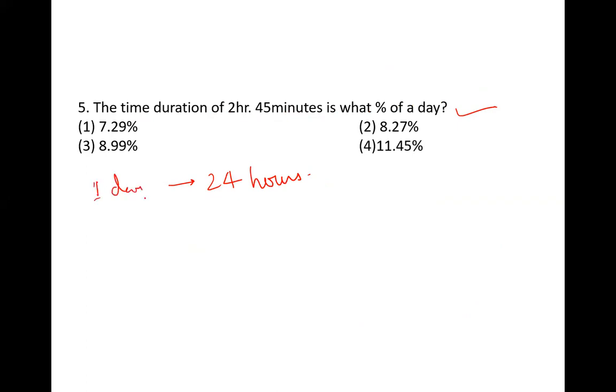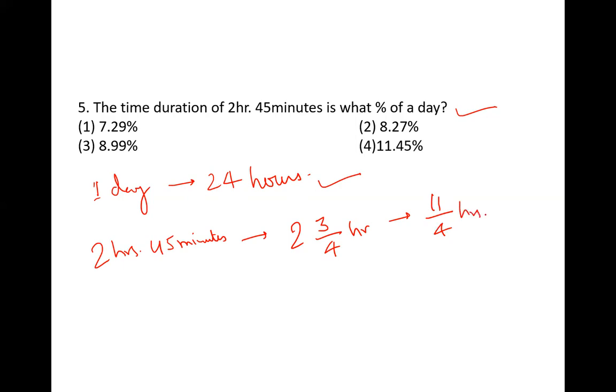One day contains 24 hours. 2 hours 45 minutes, if we convert into hours, it becomes 2 3/4 hours. It means 11/4 hours, right?